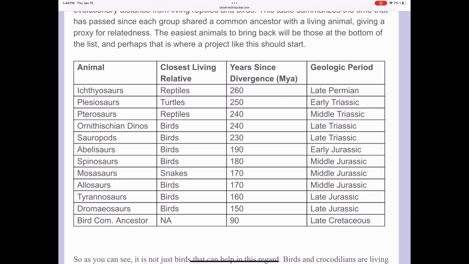So this is helpful because it tells us that when looking at ichthyosaurs or plesiosaurs or pterosaurs for that matter, birds are not going to help as much as reptiles help for those reconstructions. And I think it's pretty fascinating that mosasaurs are very closely related to snakes.